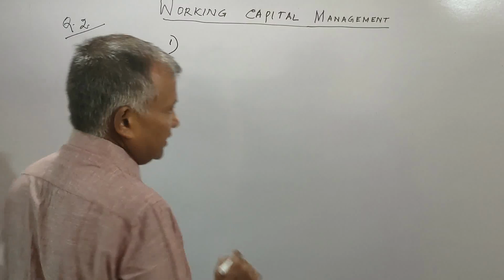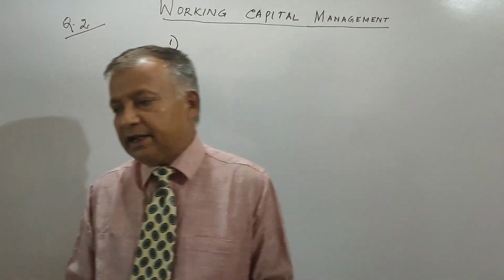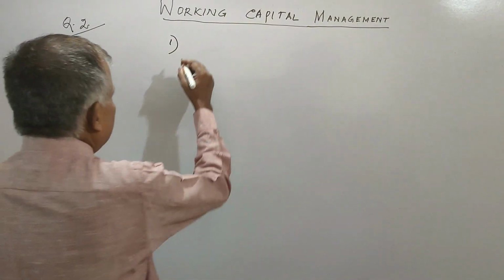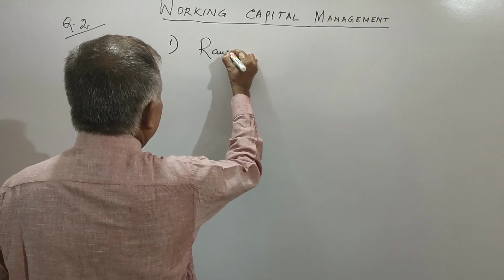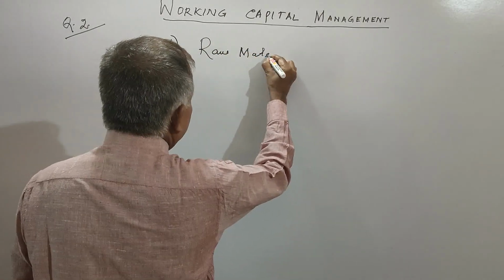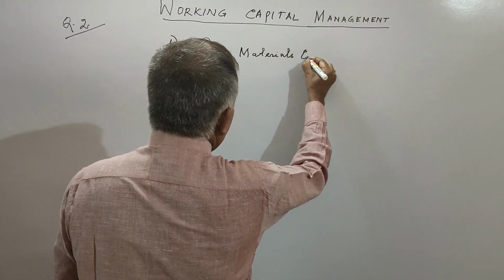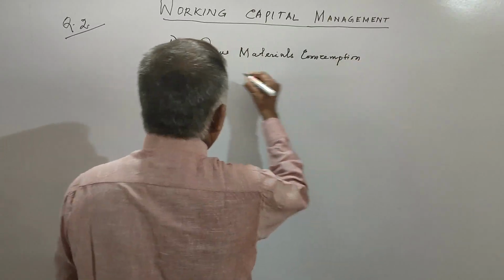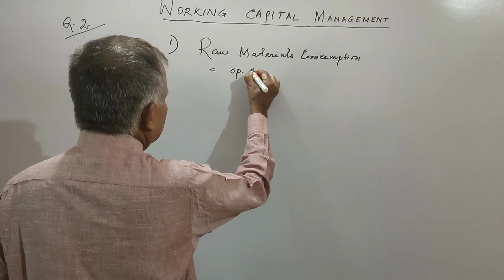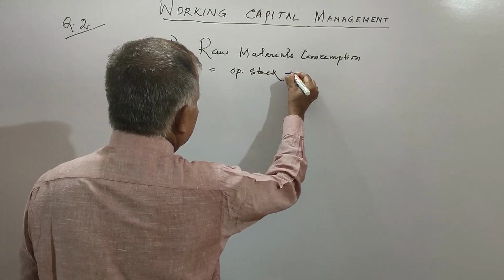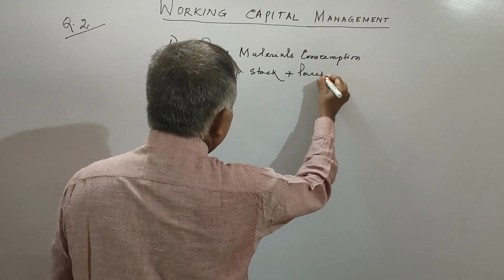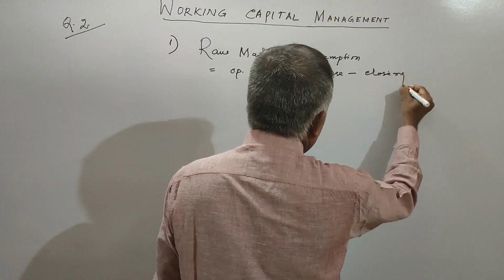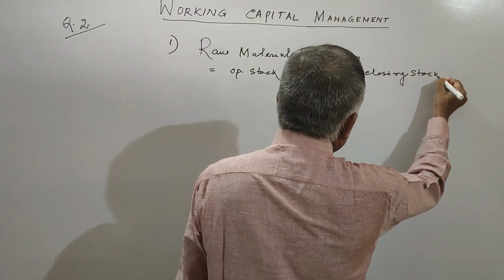Friends, in this question there is an opening stock of raw material as well as a closing stock of raw material. So if we find out raw material consumption, this is opening stock of raw material plus purchase minus closing stock of raw material.